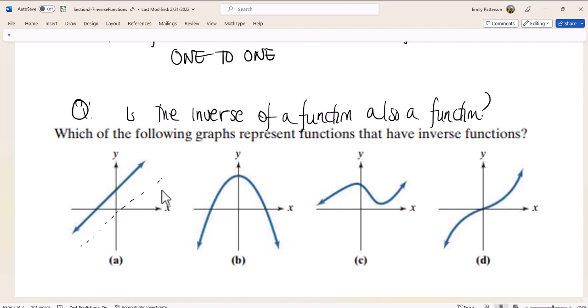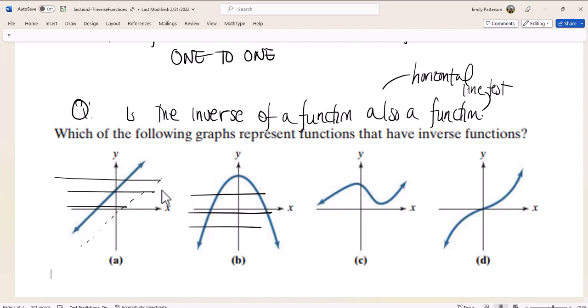So when we want to test for inverse, we do a horizontal line test. So vertical line test told me whether or not these were all functions. Horizontal line test will tell me whether or not my inverse will be a function.